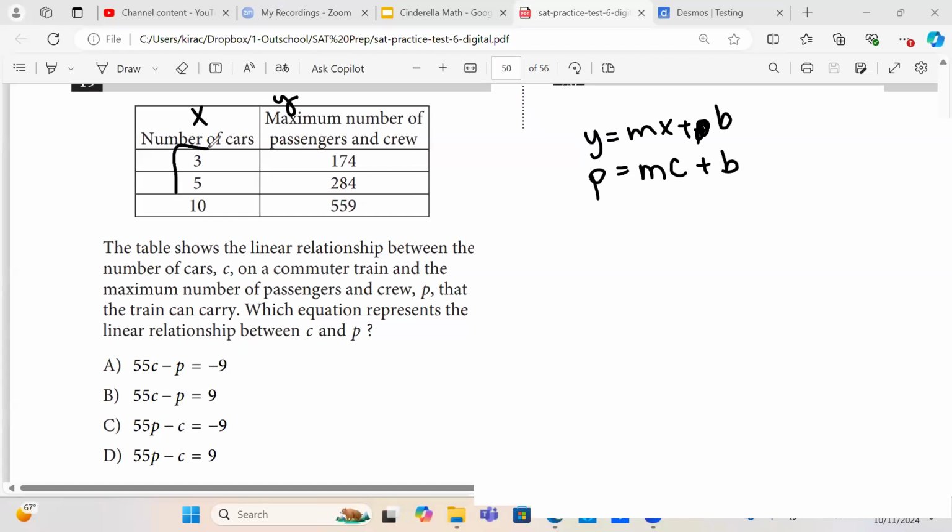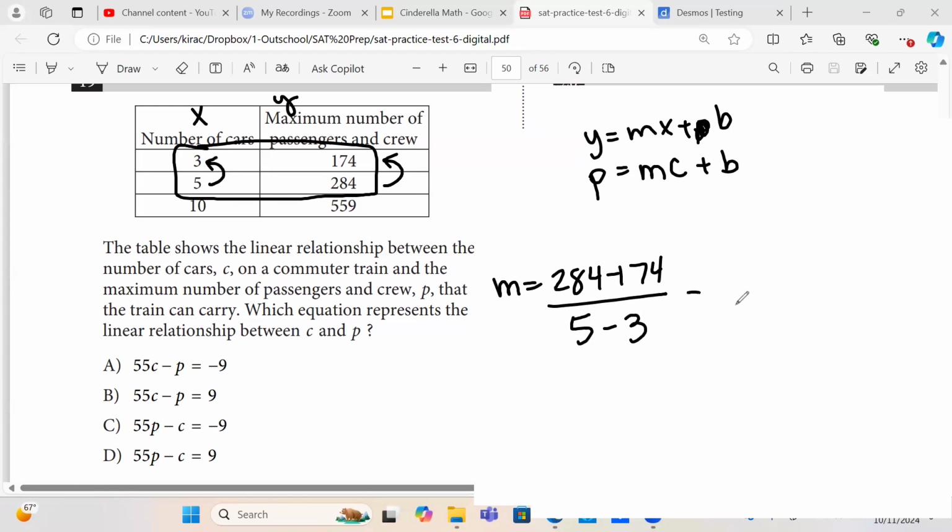I'm going to just take these first two. Slope is the second y minus the first over the second x minus the first. So that would give us 110 divided by 2, which is 55. So our slope is 55. So that's our m.